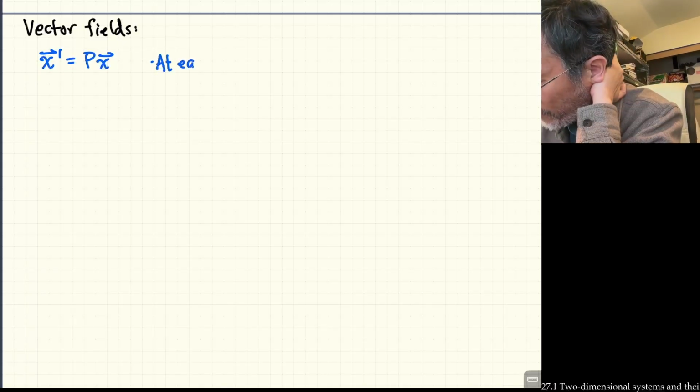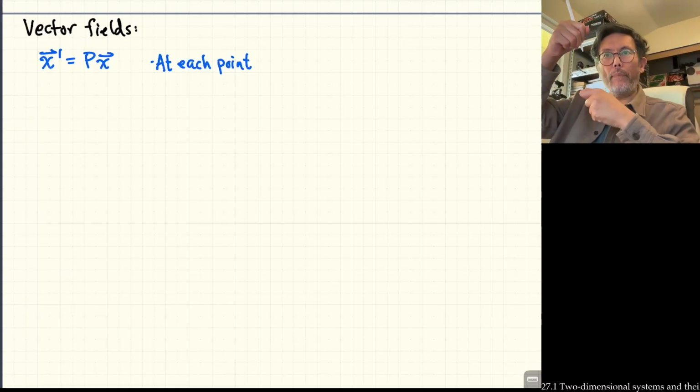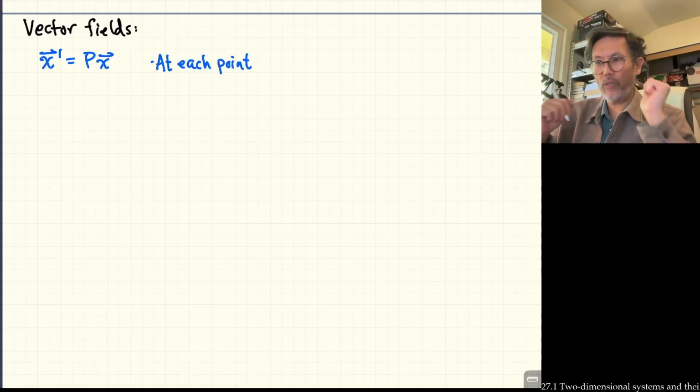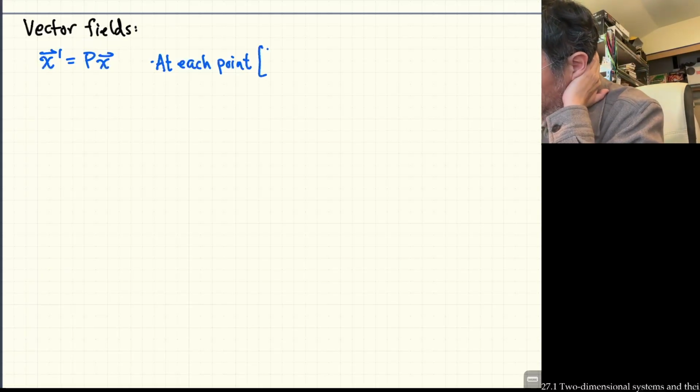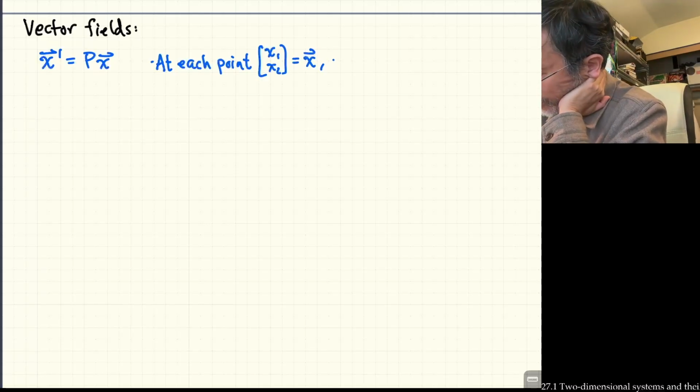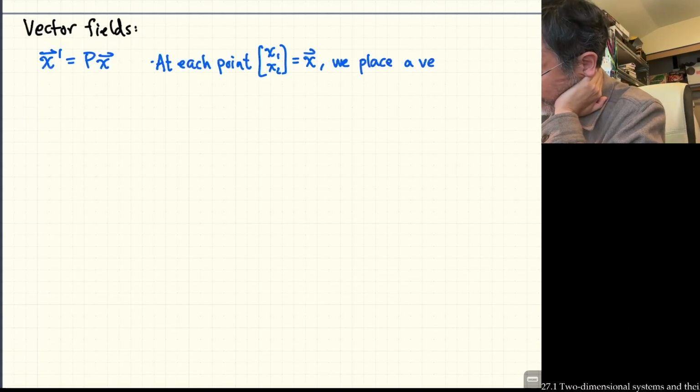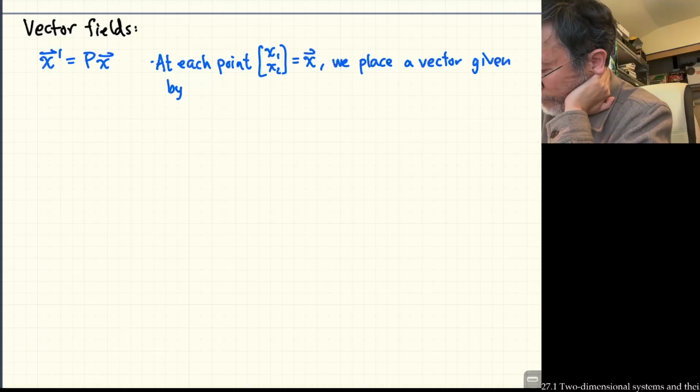At each point, which we think of as being described by displacement vectors from the origin, at each point x1, x2, which is what x is, we place a vector given by x prime equals Px.